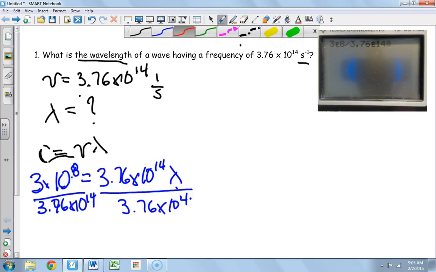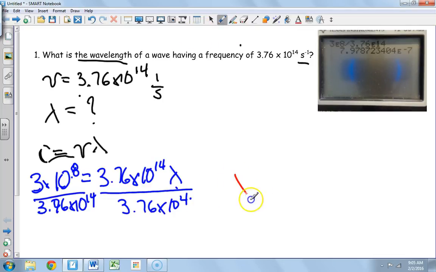Remember, the E means times 10 to the. So when we do the math, the calculator sees it correctly, and we get an answer that lambda equals 7.98 times 10 to the negative 7th.